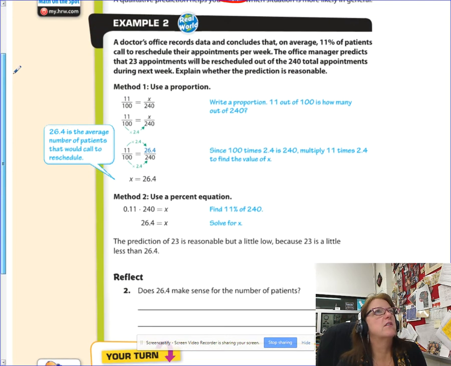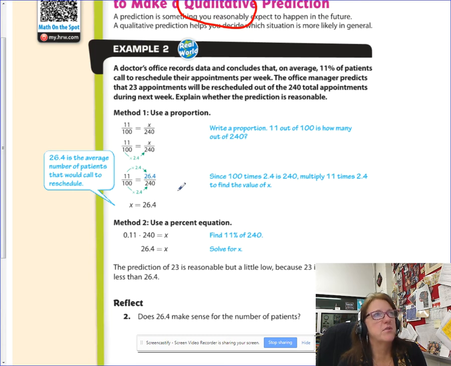So let's take a look at the next page at example 2. They say in this doctor's office, they record data and they conclude that on average, 11% of the patients call to reschedule their appointments during the week. Yikes. So the office manager predicts that 23 appointments are going to get rescheduled out of the 240 total appointments.